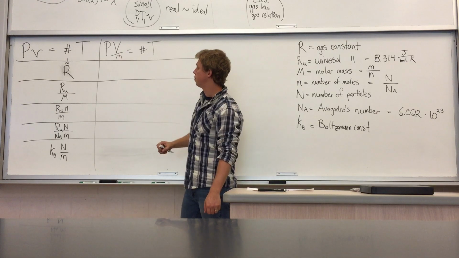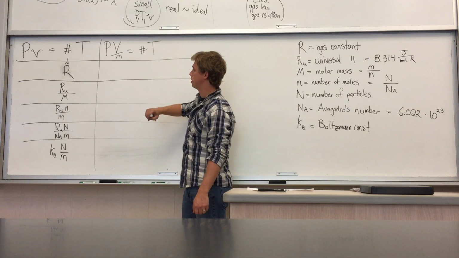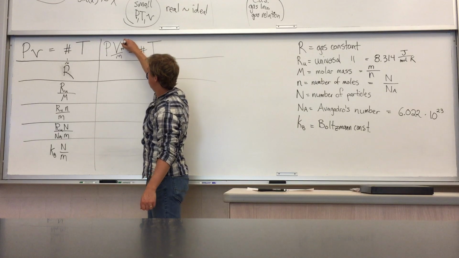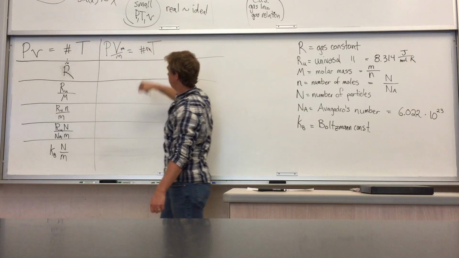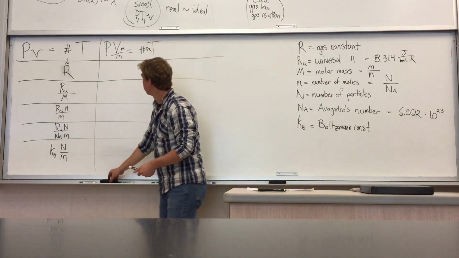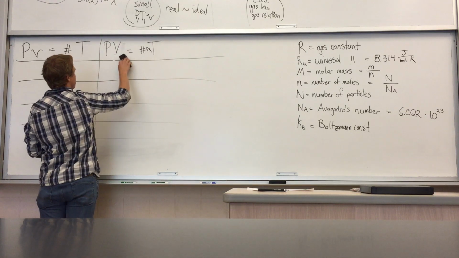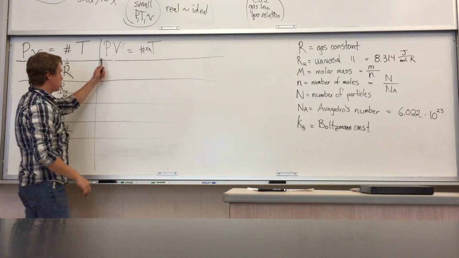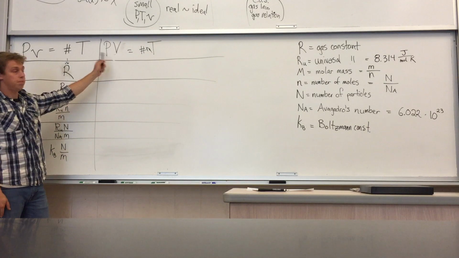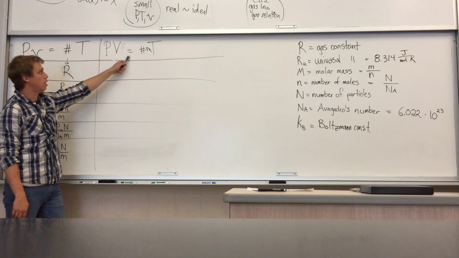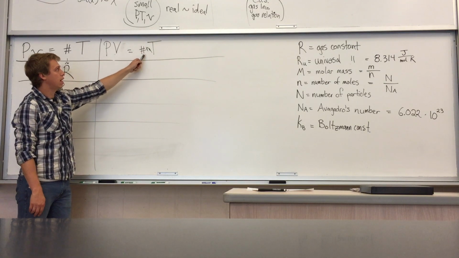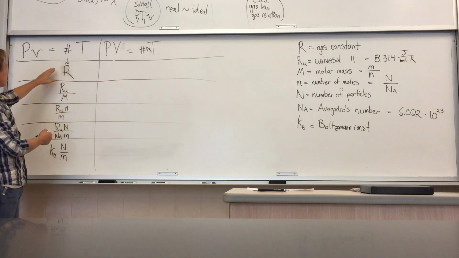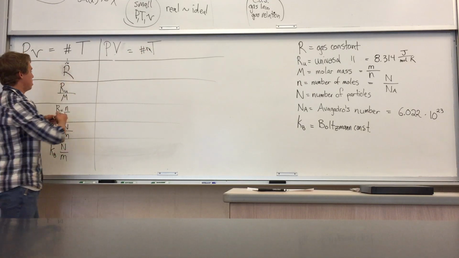What I can do is multiply the mass on both sides, and that allows me to cancel this. So I just have P big V, P times the actual volume, equals the number, but now this mass is included in the number. So there's an alternative way of writing each one of these.